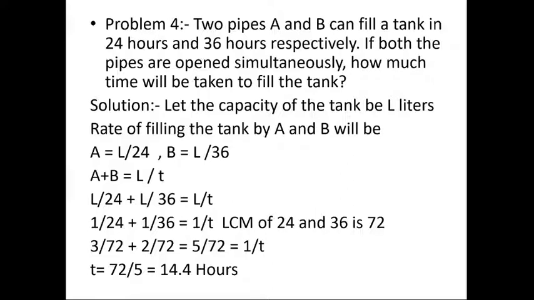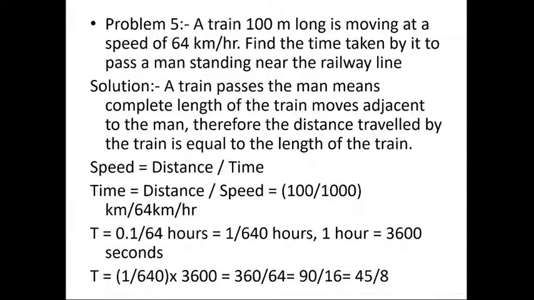We'll move to the 5th problem. A train 100 meters long is moving at a speed of 64 km per hour. Find the time taken by it to pass a man standing near the railway line. Now here the man is stationary and the train is passing him. When can we say the train has passed him? When the man is first close to the engine, the train moves ahead, all bogies go ahead, and the guard bogie reaches the man.